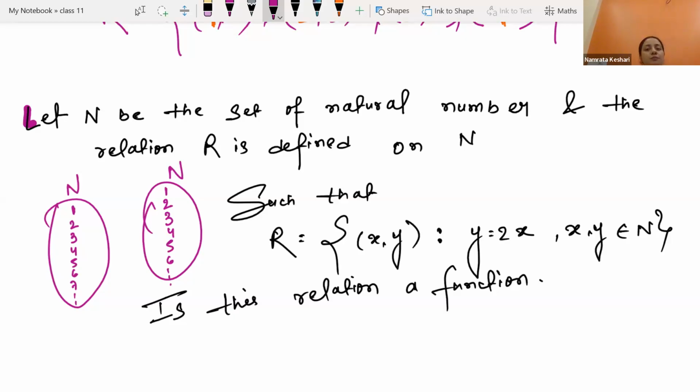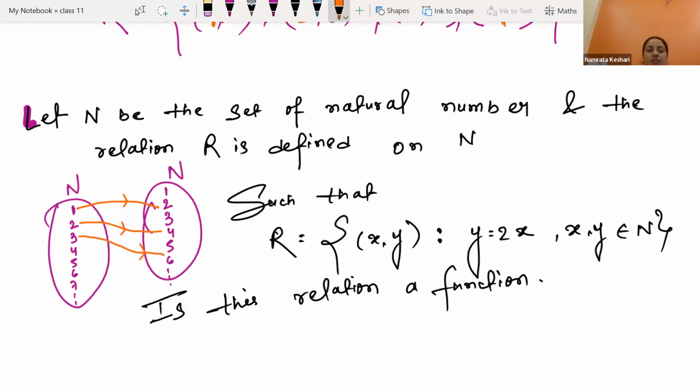Now here it says we have to take all those ordered pairs where y is equal to 2x. If we take x as 1, y will be 2. If x is 2, y will be 4. If x is 3, y will be 2 times 3, which is 6.